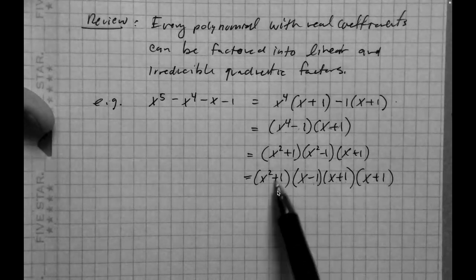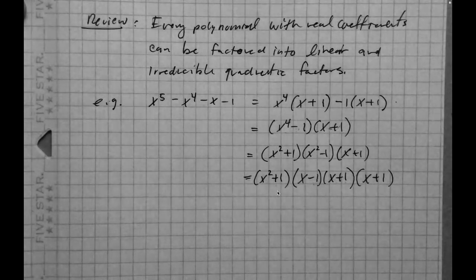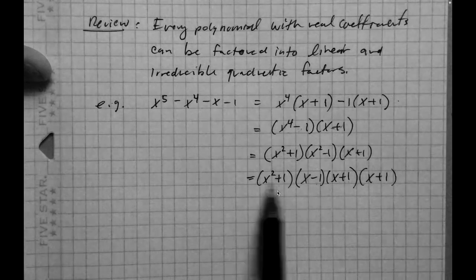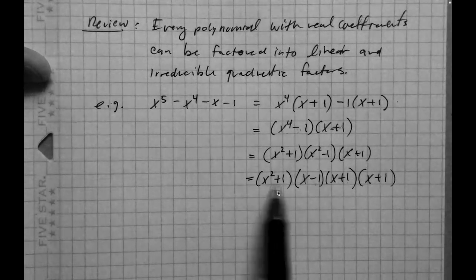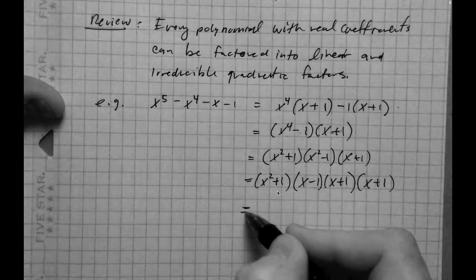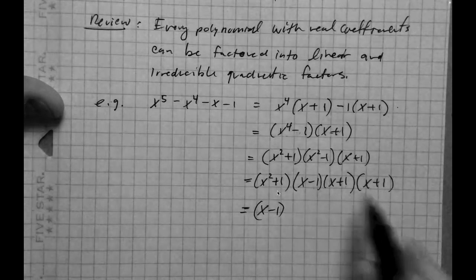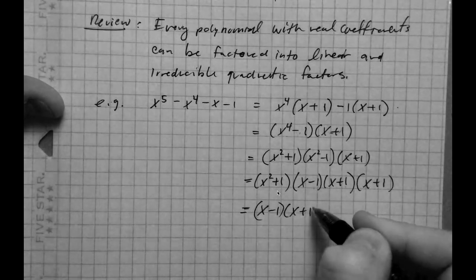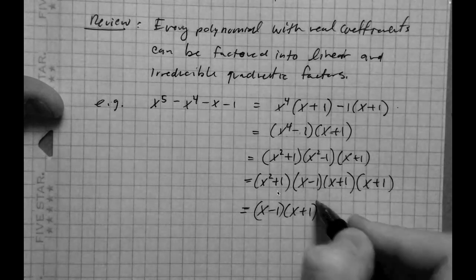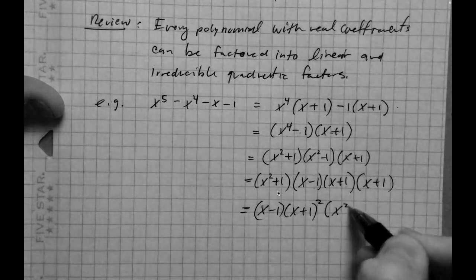If we try to factor this down, similar to what we did here, we'll end up with complex numbers, numbers that aren't real numbers. And so we can write this as x minus 1, that's the lone linear factor, and then we've got x plus 1, that's a linear factor, but we've got two of them. And then we've got this quadratic factor, x squared plus 1.